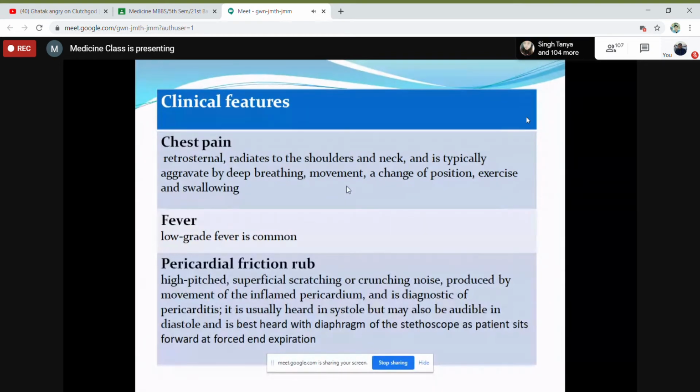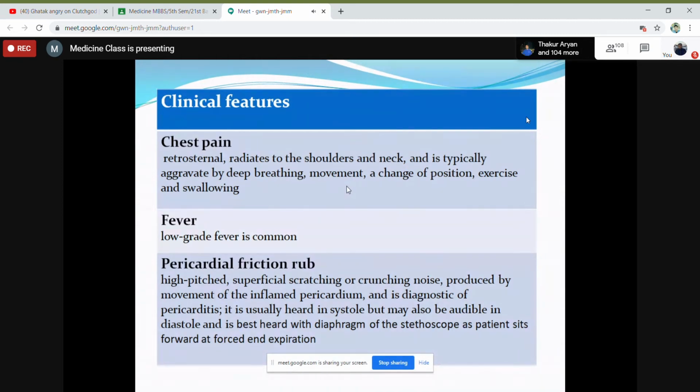Since it resembles the pain in myocardial infarction, acute pericarditis is often confused with acute myocardial infarction, but we can differentiate it because pain is relieved by sitting up and leaning forward, and aggravated by lying supine or lying flat. This is the differentiating point between the two.